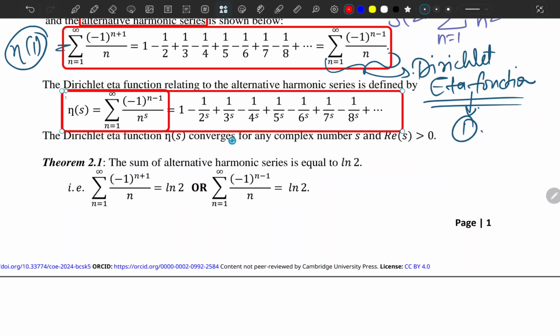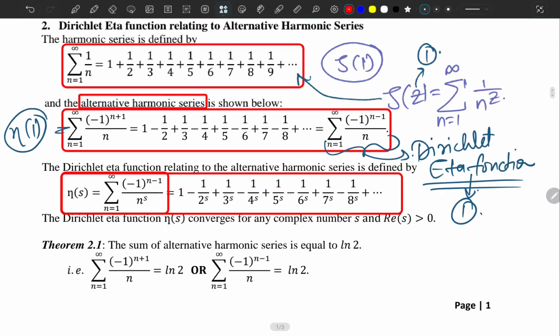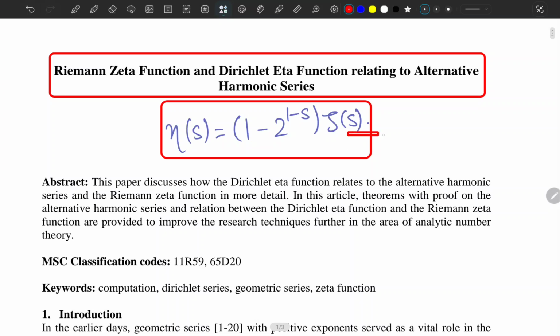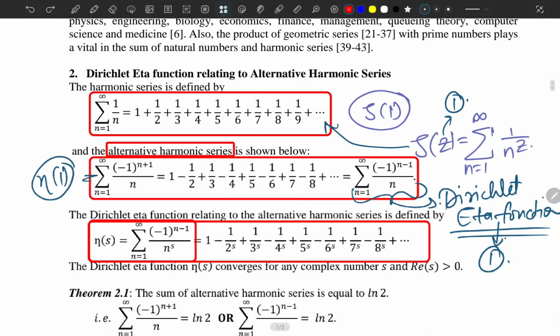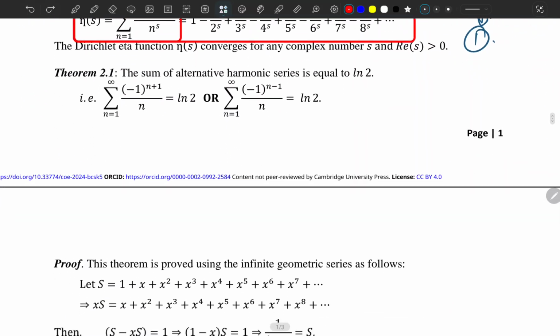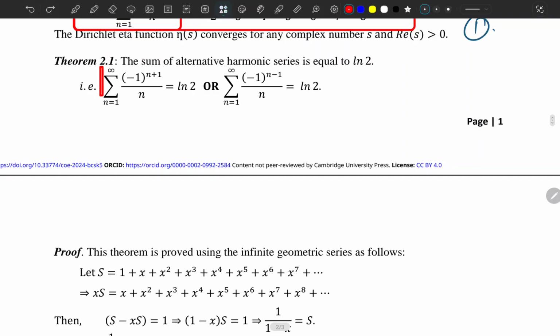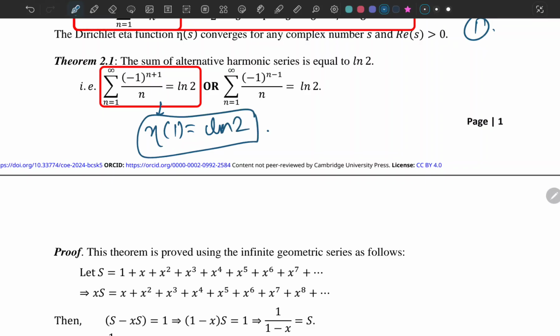We are going to use this to prove that relation. But before that, let's prove that the eta of 1 equals ln 2.